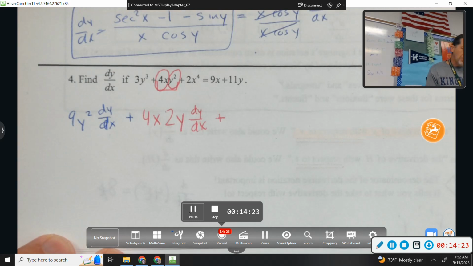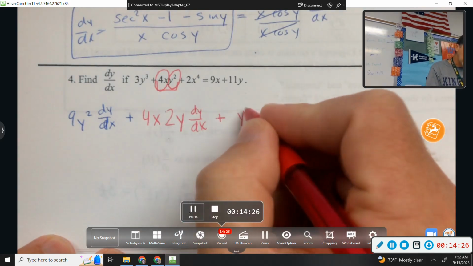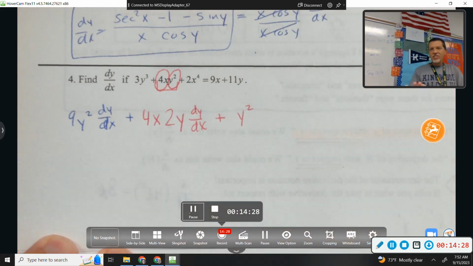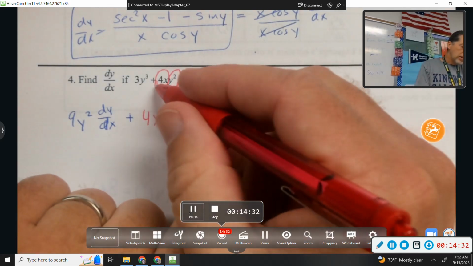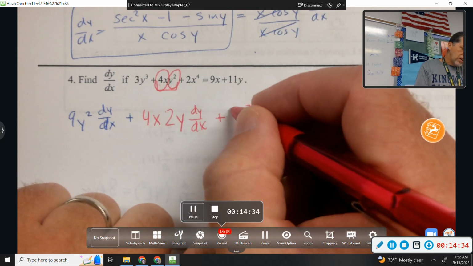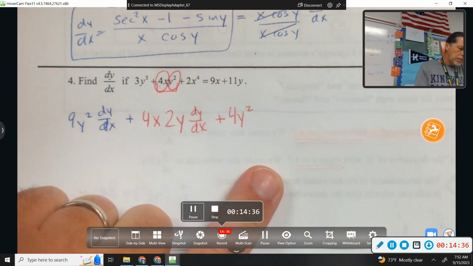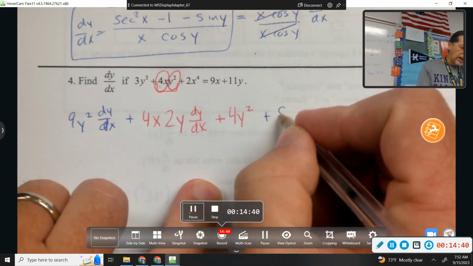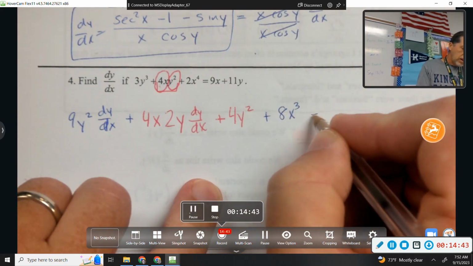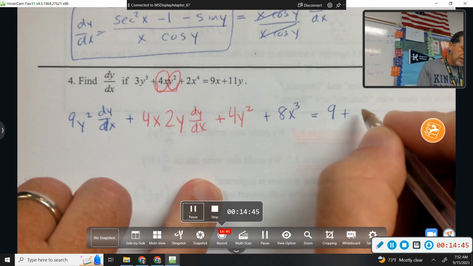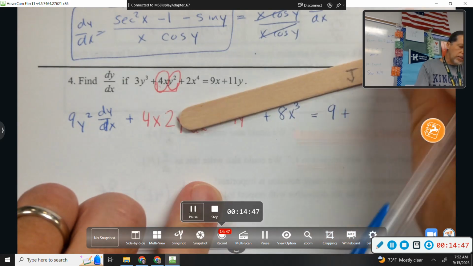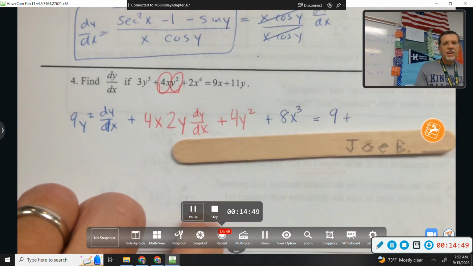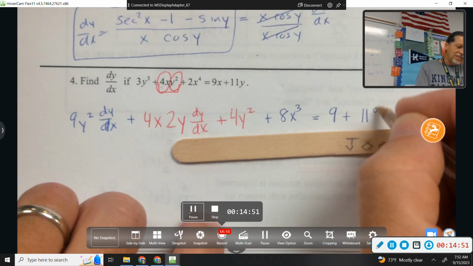Plus the other way around, the second is y squared, but not dy/dx because it's just the second, not the derivative of the second, so just y squared, times the derivative of the first, which is just 4. And then we're back to kind of normal derivatives here. 8x cubed equals 9 plus, Joe, what's the derivative of 11y? 11 dy/dx.